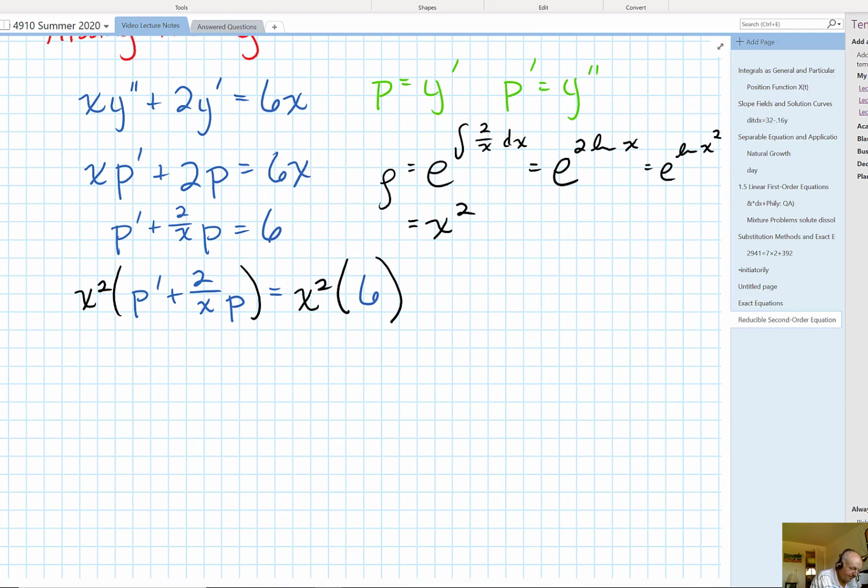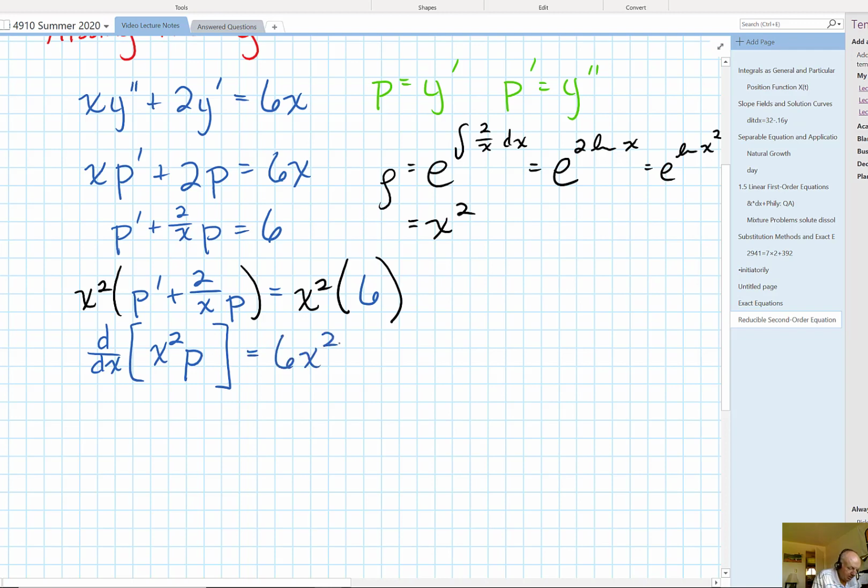Of course, the left-hand side, we immediately know, that's just the derivative of our integrating factor times p. We're not differentiating both sides. And then this right-hand side is just 6x squared.